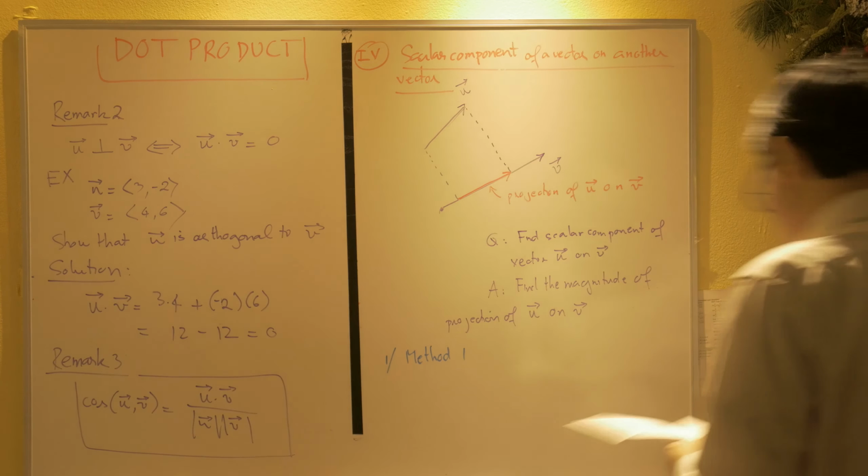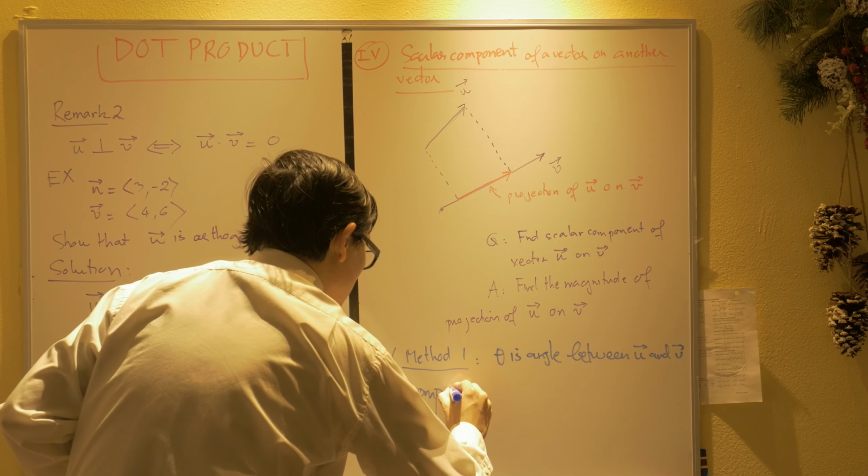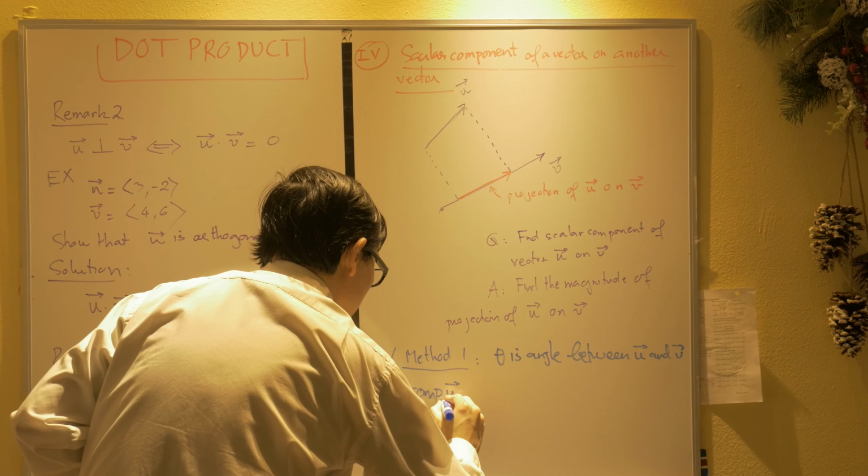If I call theta the angle between vector u and vector v, then the scalar component, which we denote as comp of u on v, is equal to the magnitude of u times cosine theta.